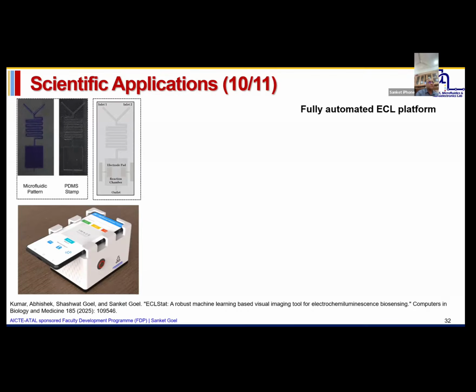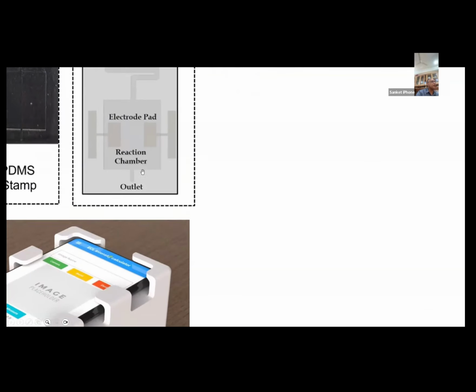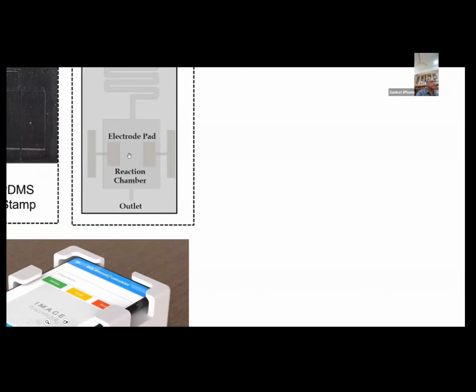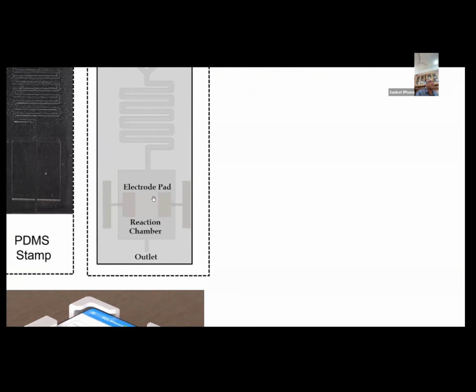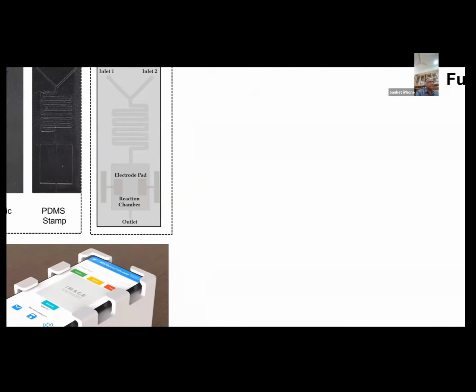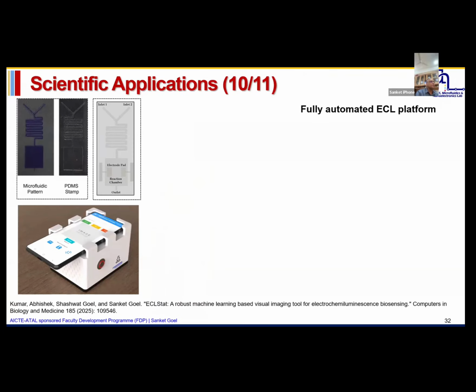Essentially, we have created different kinds of devices, and these electrodes will help. For example, my analyte is right here. These electrodes can help to create an electric field and ignite the chemical reaction, and then I can take pictures and use those image intensities to understand the concentration of my analyte.